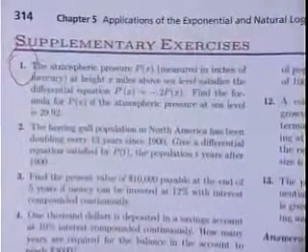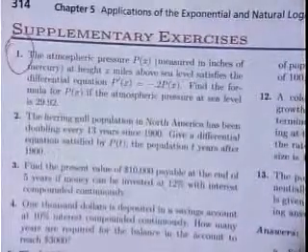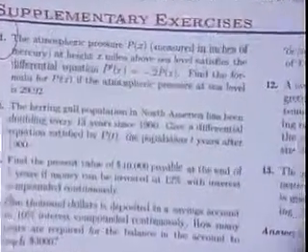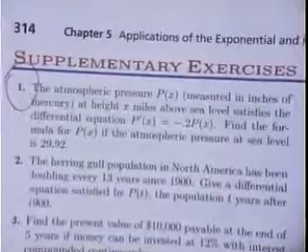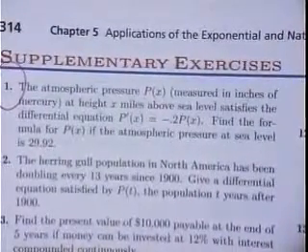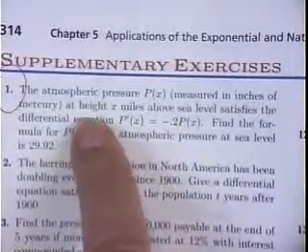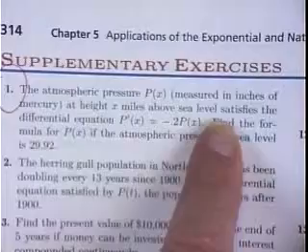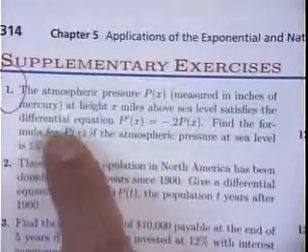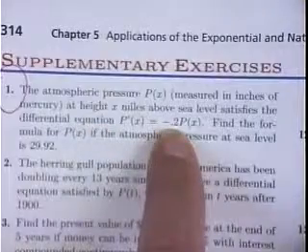Okay, I'm on page 314 in chapter 5. I think everybody thought this was easy. The atmospheric pressure at height x miles above sea level satisfies the differential equation, not difference, but differential.